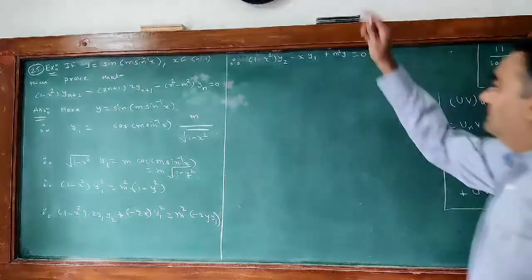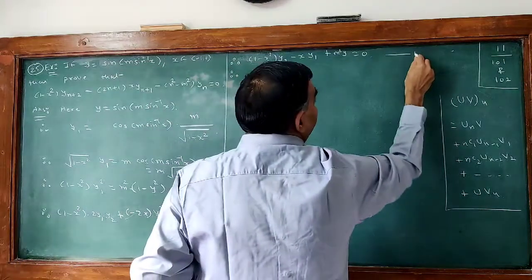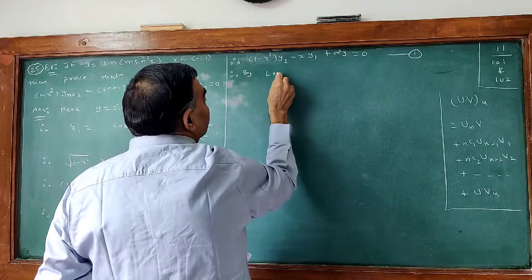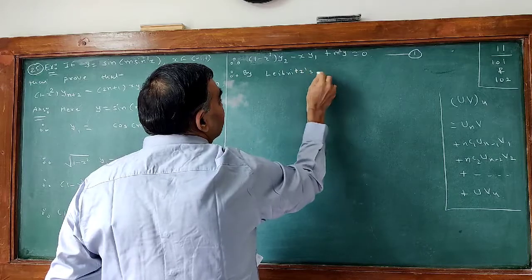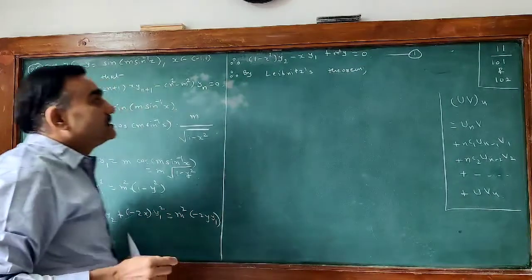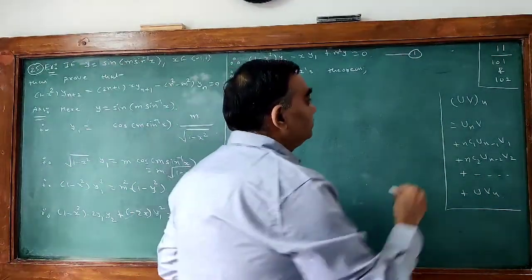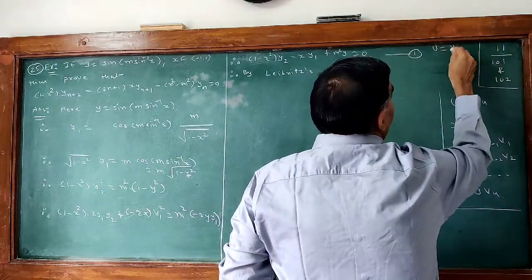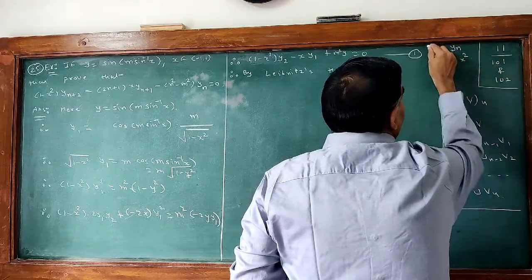Therefore, by Leibniz theorem, now we apply Leibniz theorem. Here we are taking u equal to yn and v equal to 1 minus x square.